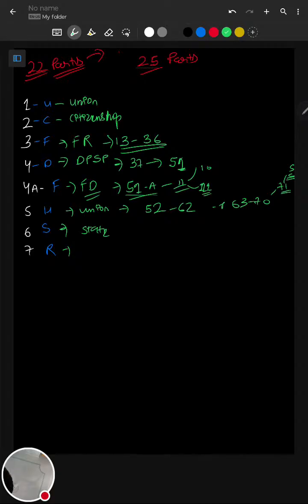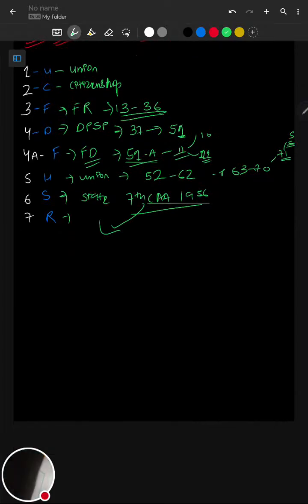Which article was that? Yeah, it got removed by the seventh Constitutional Amendment Act of 1956. Okay, this is the first seven.